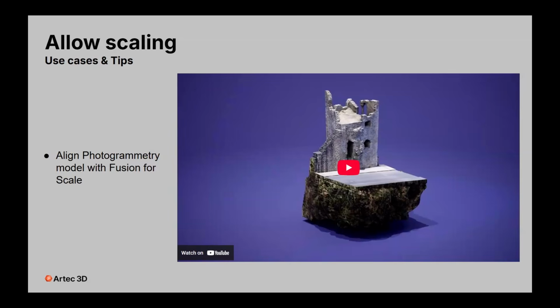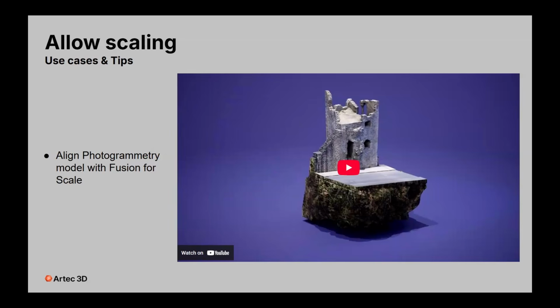And we don't have any scale references for our global photogrammetry scene, so its scale will be all over the place. It won't be correct because we don't have any scale references. And here is when the Artec Ray 2 data comes to the rescue.